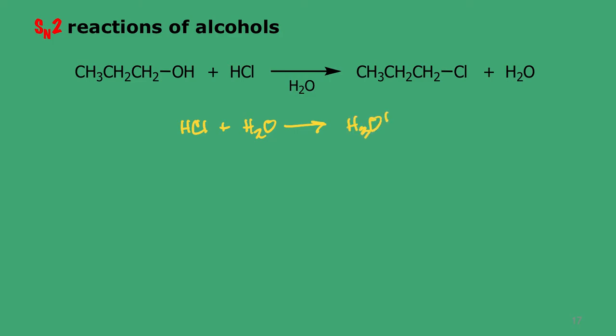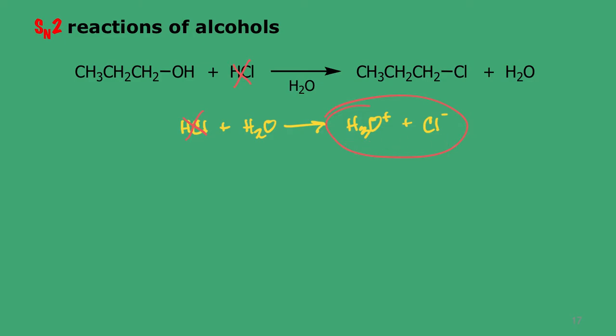You get complete proton transfer to form hydronium ion and chloride ion. So in the solution, there's no HCl. All there is is this mixture. Even though chemists write this, we understand that it means this.